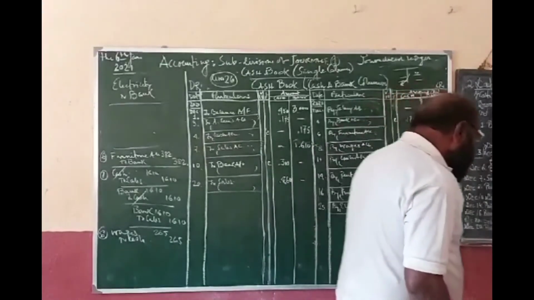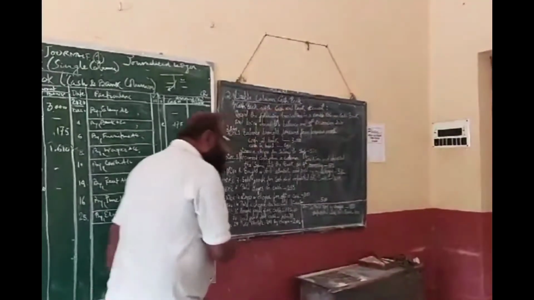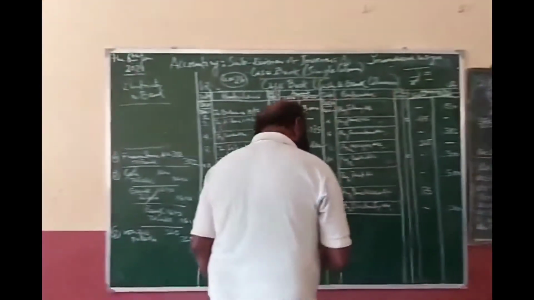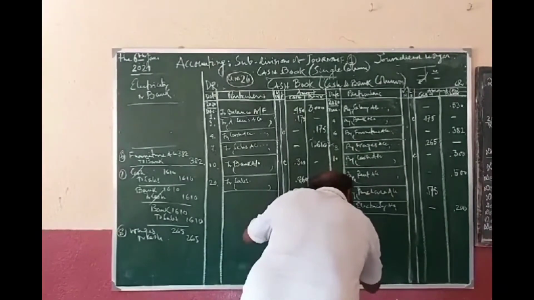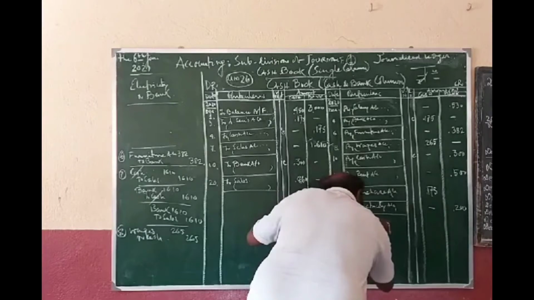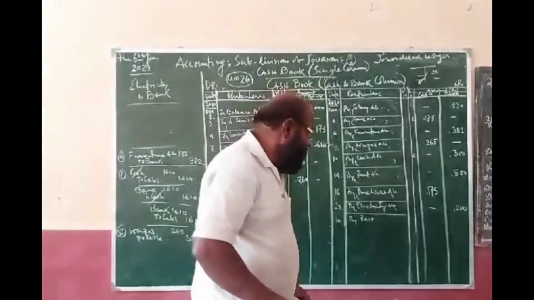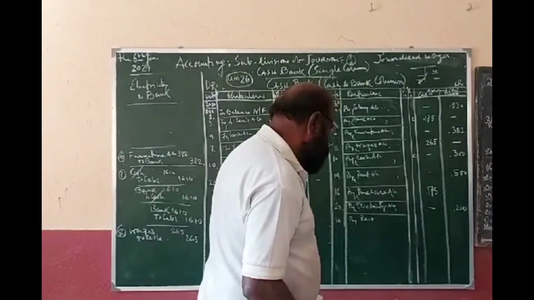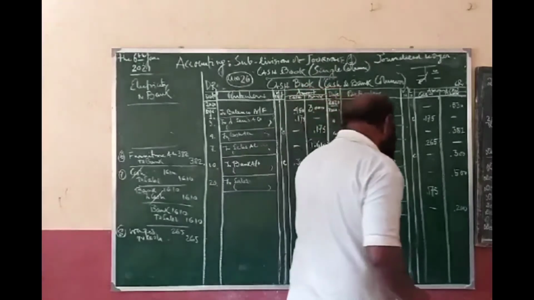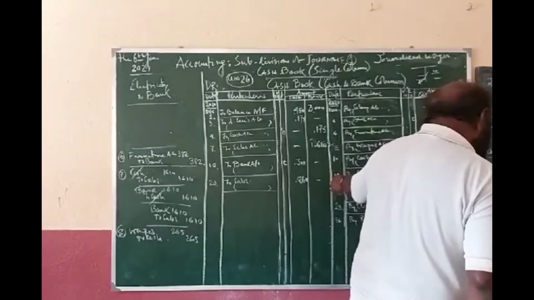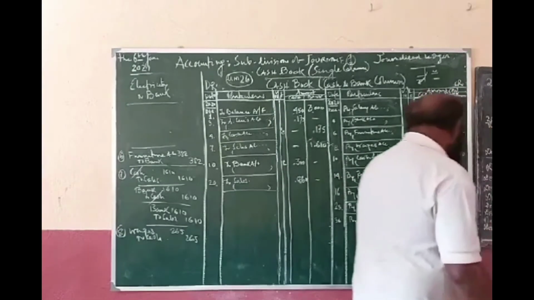Clear? Then paid rent by check. Again the same thing. Rent account debit to bank. Sir, rent is already paid. Paid a check on account of rent 500.